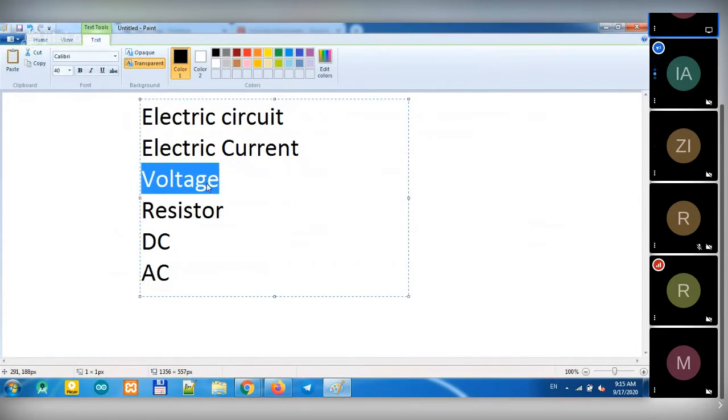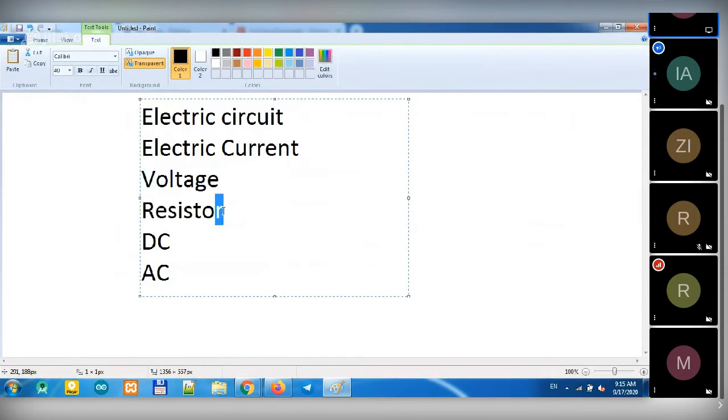Voltage is a push of electric current, and a resistor opposes electric current in a circuit, so it will reduce the current size. DC is a direct current, one direction, and it's smaller in voltage, but it's steady.